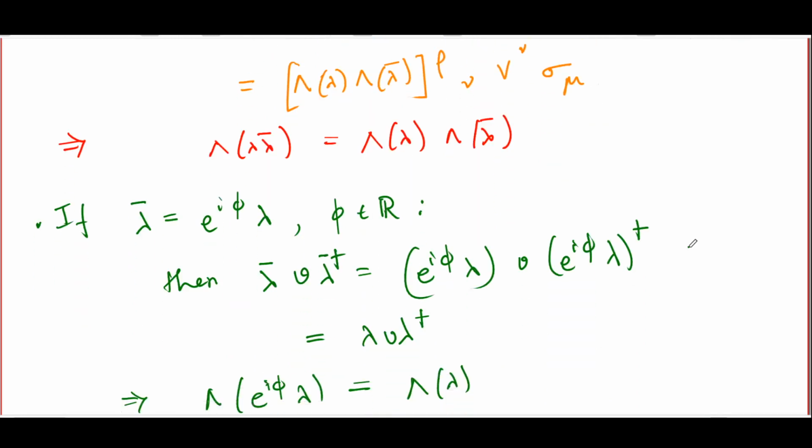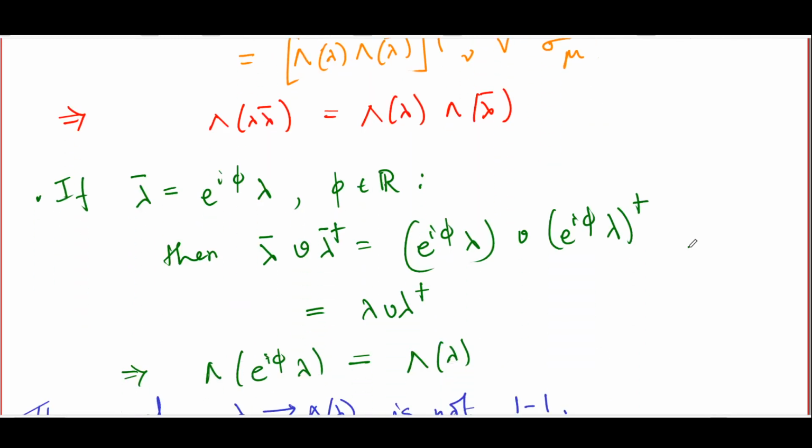Notice that if instead of our matrix lambda, we had chosen a different matrix lambda bar, which is related to lambda by just an extra phase factor e to the i phi times lambda, then the transformation which will be induced on small v by lambda bar v lambda bar dagger, is simply seen to be e to the i phi lambda times v times the adjoint of e to the i phi lambda.